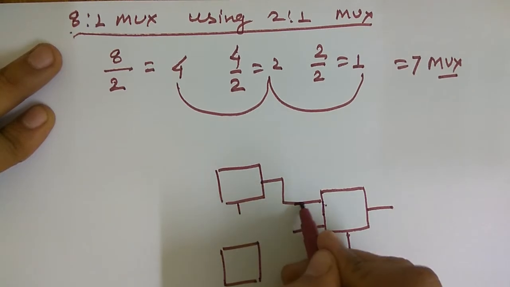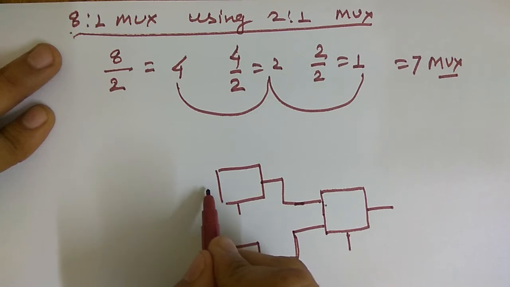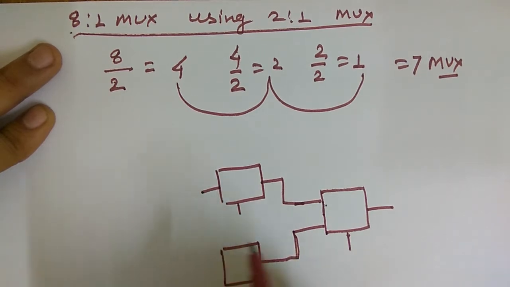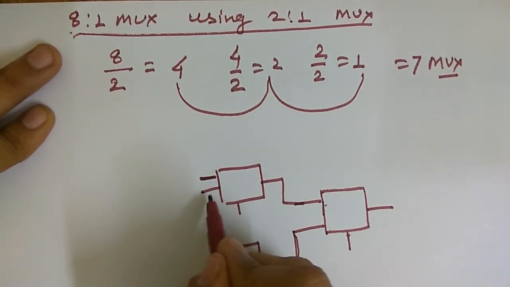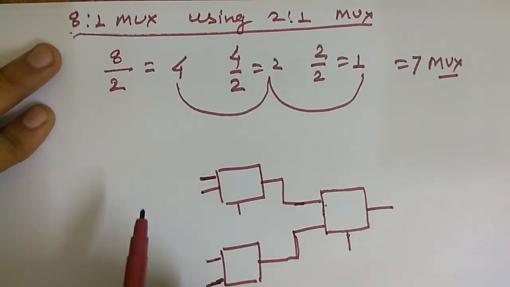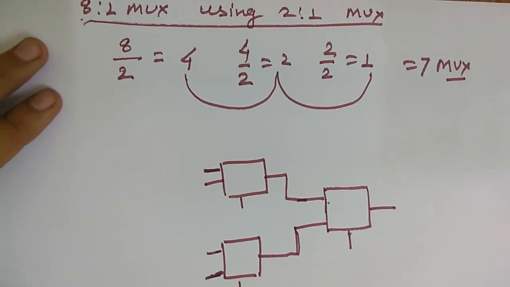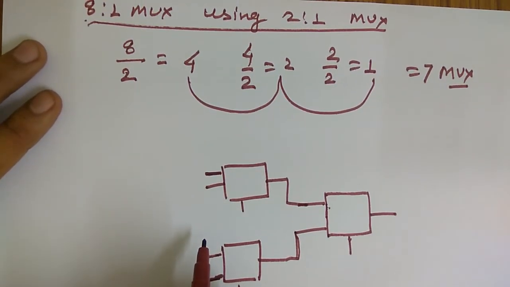So you would have another 2 mux, that will be the second bit, and then you would have another 4 mux.